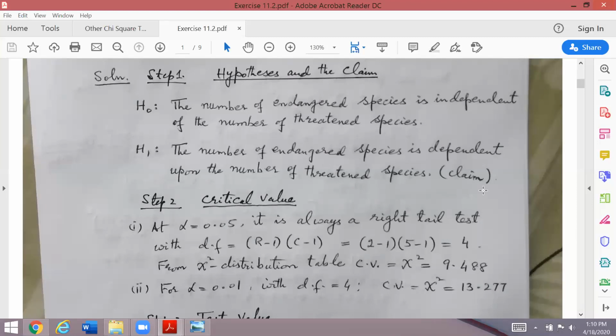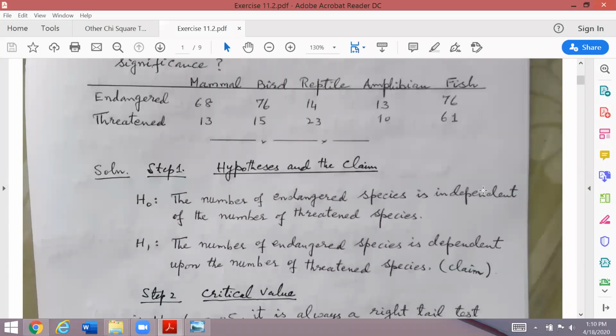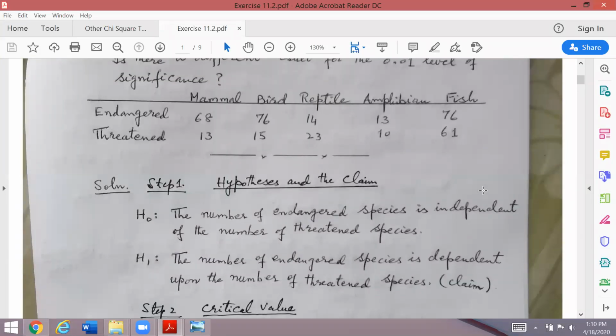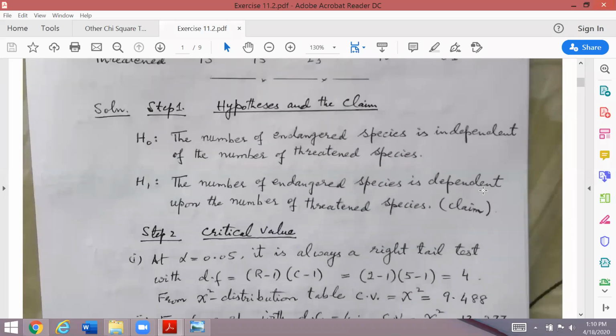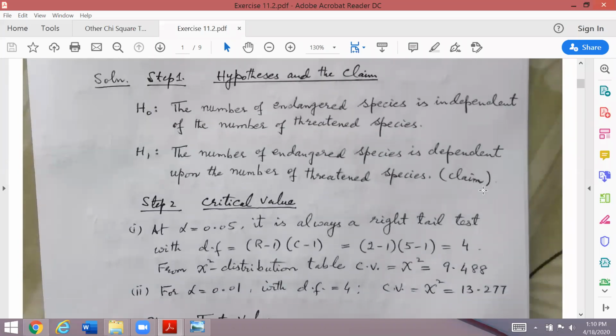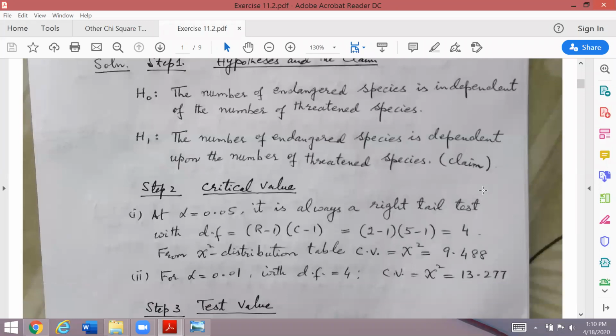There are two rows, so 2 minus 1, and 5 columns: mammals, birds, reptiles, amphibians and fish, so 5 minus 1. Multiplying 2 minus 1 into 5 minus 1, the answer is 4, because 1 multiplied with 4 is 4.